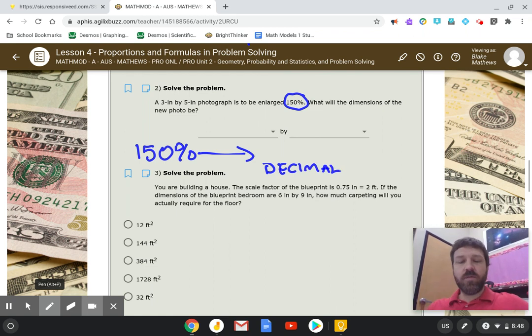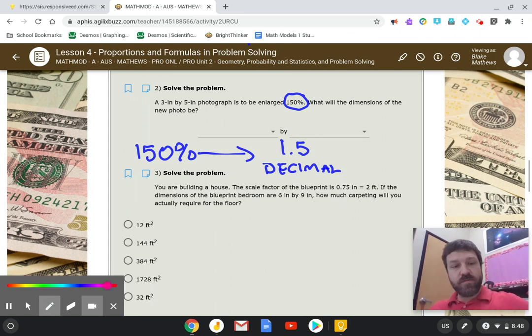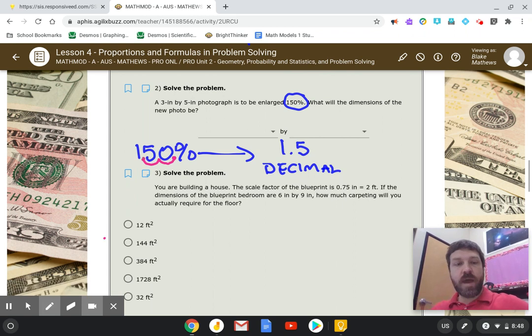And that decimal will be the scale factor of this problem. So 150% is 1.5 in decimal form. If you don't remember how to do that, remember the basic idea is that to find the decimal form, you take the decimal point and move it 2 places back. So we end up with 1.50 or 1.5.